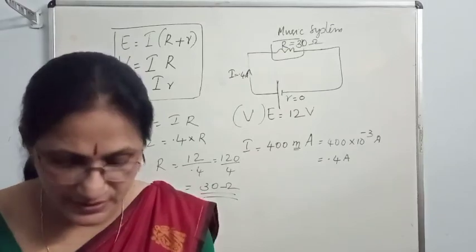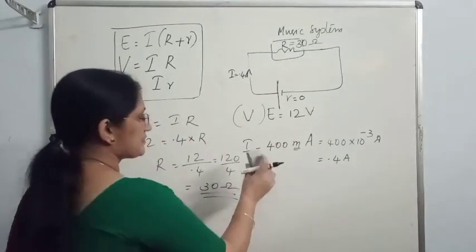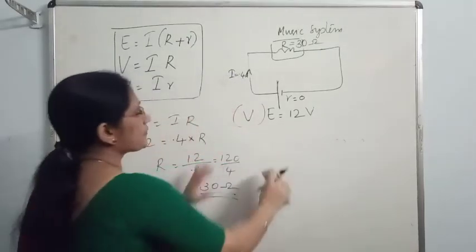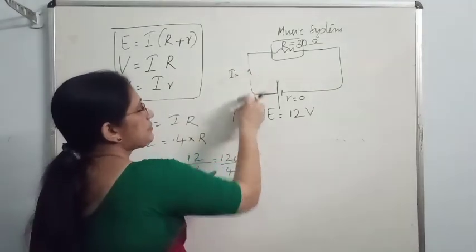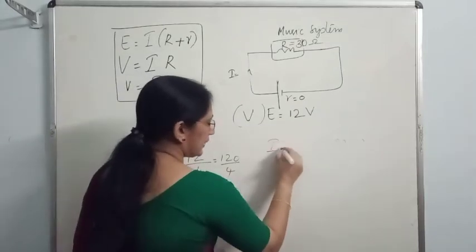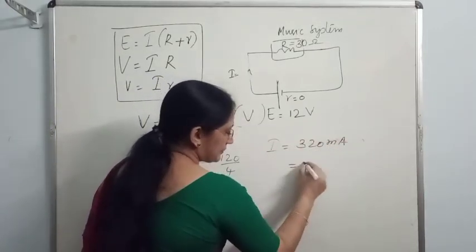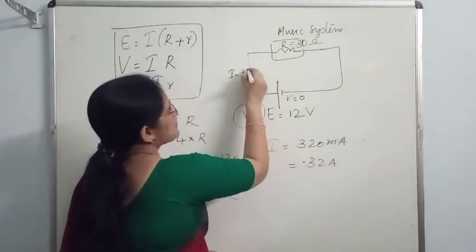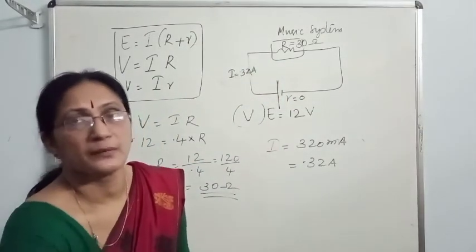This music system works for some hours and it stops functioning when current becomes 320 milliampere. Current I value becomes 320 milliampere means 0.32 ampere. When I value becomes 0.32 ampere, the music system stops playing.